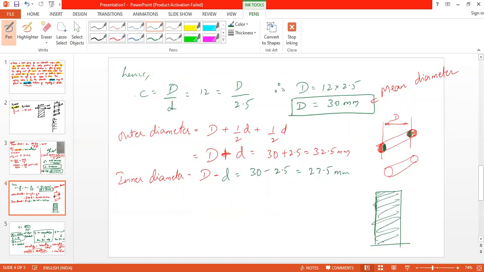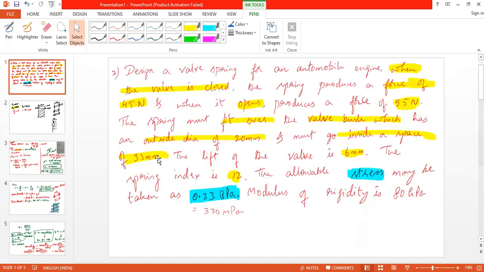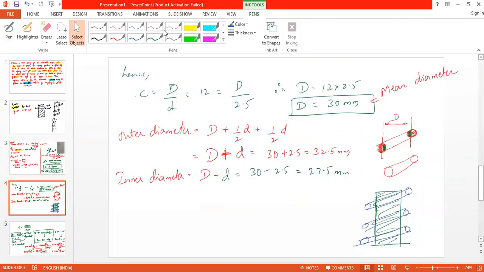So assume that this is the bush, and the spring has to go in this, which is here, and must go inside a space of 33 mm. This is 33 mm, and this is 20 mm.